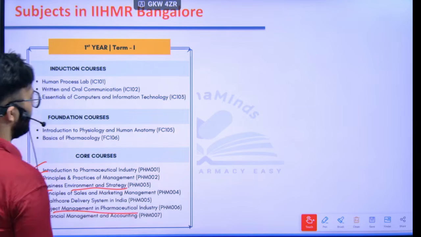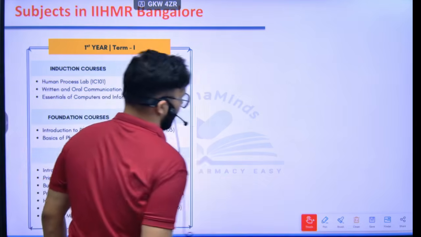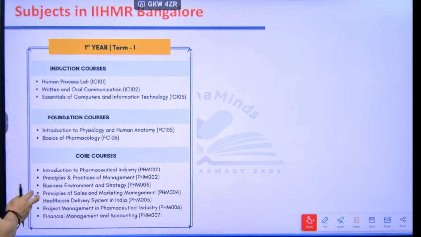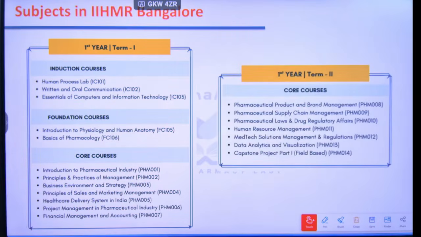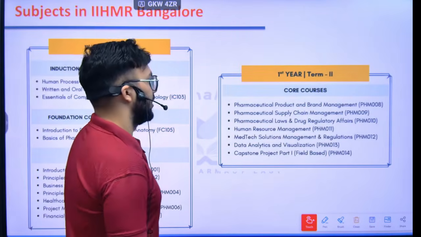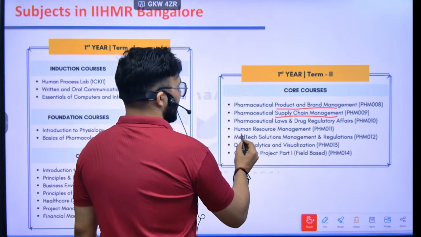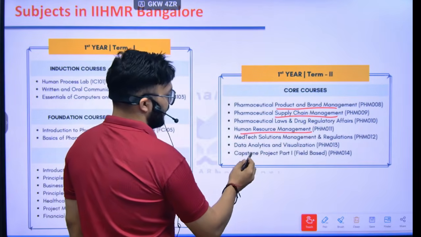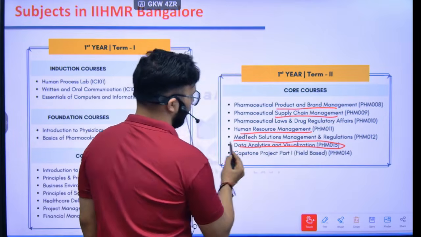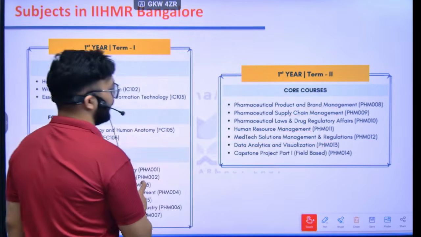These are the various subjects that you will be exploring in pharmaceutical management in IIHMR Bangalore. Product and brand management, supply chain management, human resource management, that is HR management, data analytics and visualization, a very important course that they are offering.